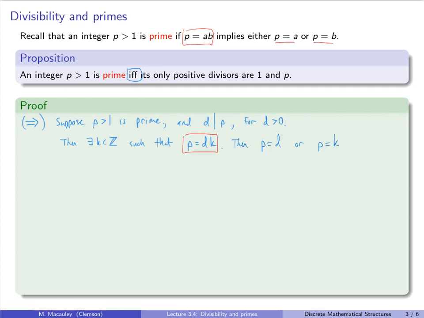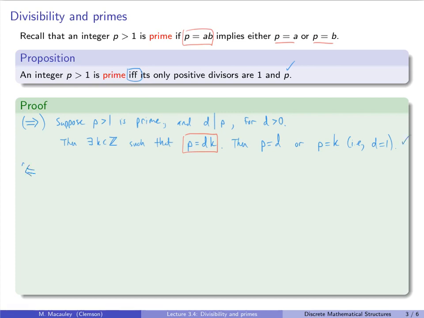So if p equals d, well, the only positive divisor is p. That's what we want. Or if p equals k, that means that d has to be equal to 1, i.e. d equals 1. So we conclude that our divisor d, that's positive, is equal to p, or it's equal to 1. And that confirms that direction.